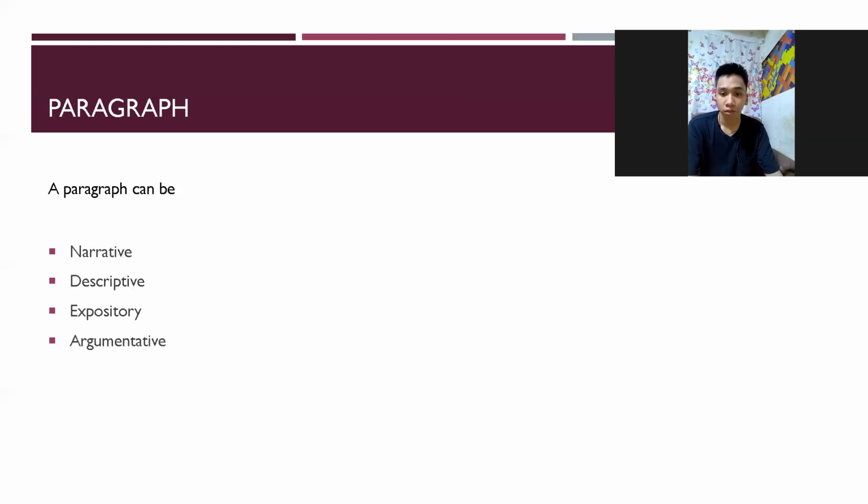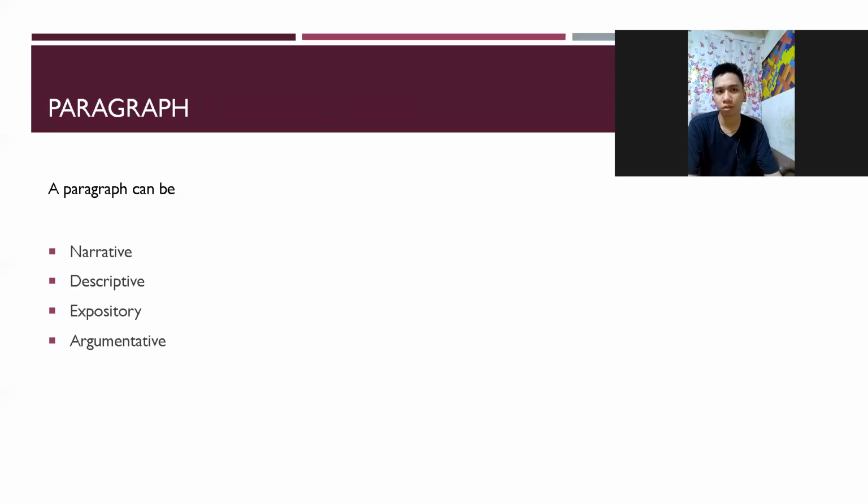So a paragraph can be narrative. Narrative tells an event, a series of events. Basically, it's just like a story. Next is descriptive paragraph. It's like telling all the details, describing a place, an object, or anything. Next is expository.